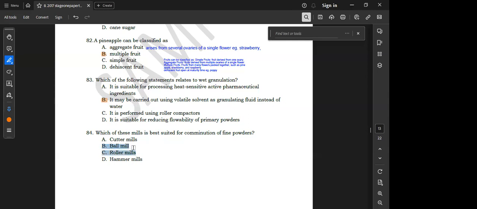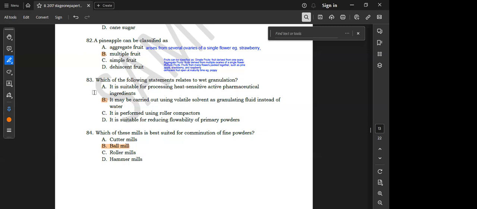Okay, we can go for ball mill. She's saying B for 83. So for 84, we can go with ball mill from Google. Now we can continue.